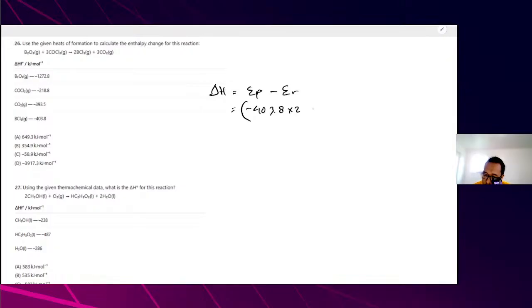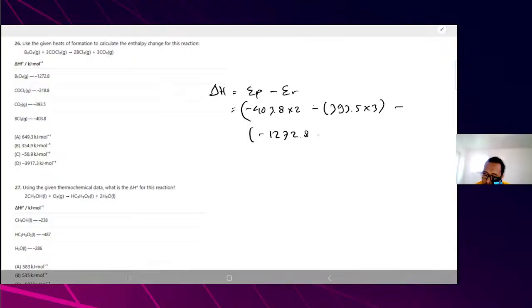And then 3 CO2 will be minus 393.5 times 3, minus the reactant, which is minus 20, like this way.